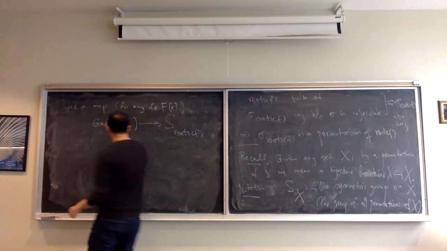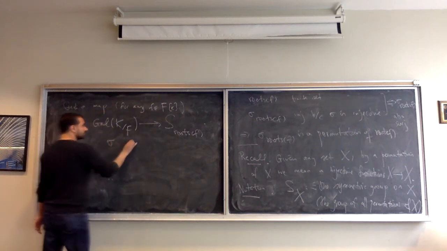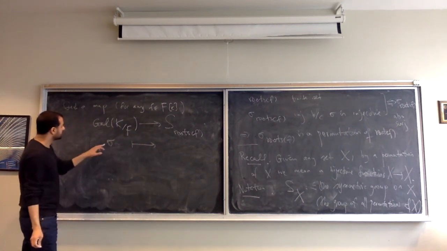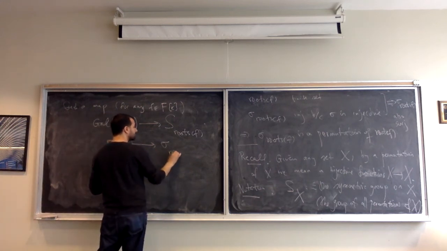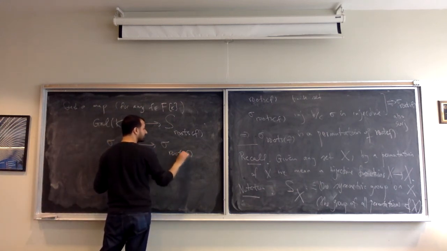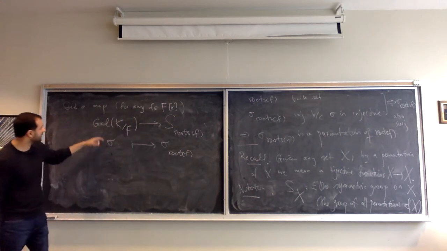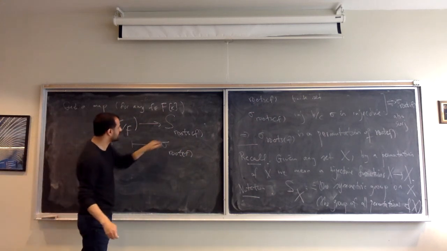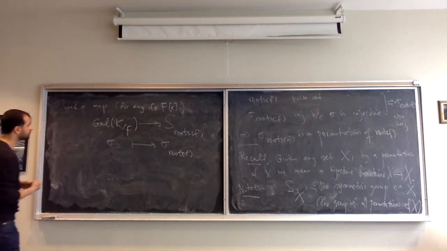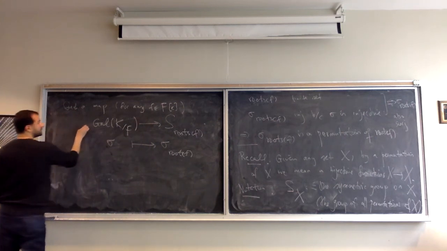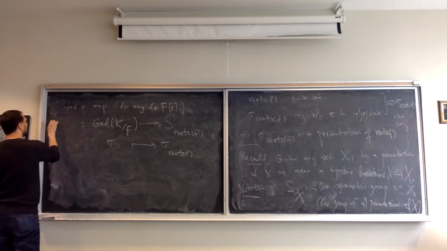You get a map by sending sigma, well, sigma permutes the set of roots of f. So sigma restricted to these roots of f. You're just restricting to the set of roots of f, and sigma gives you a permutation of the set of roots of f. And if you wish, you could give this map a name: restriction to the set of roots of f.